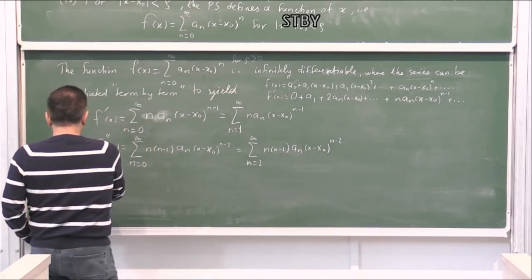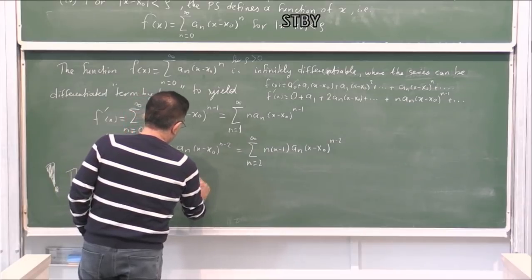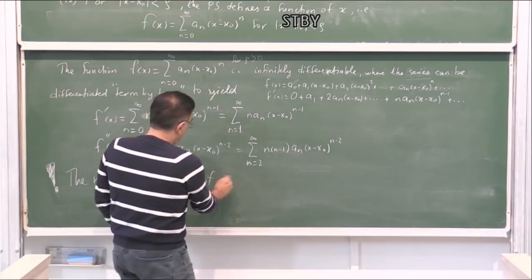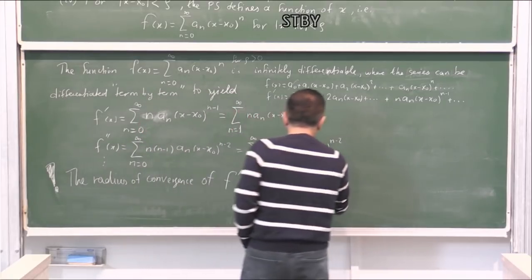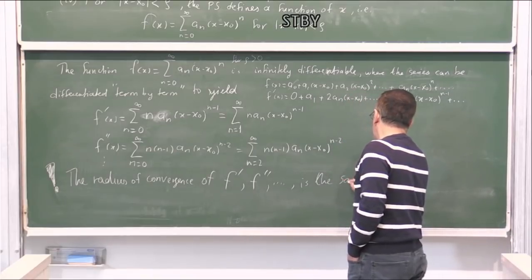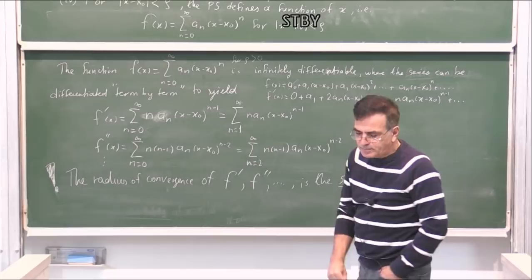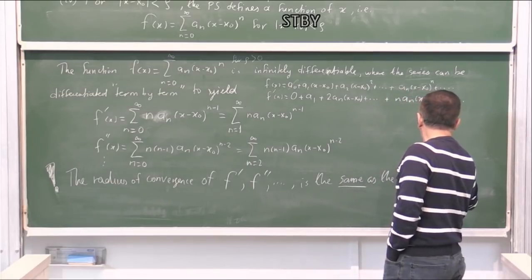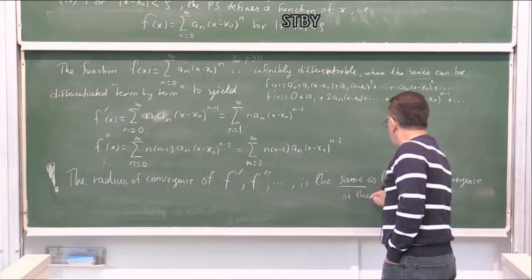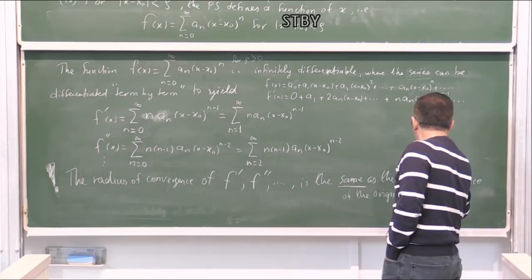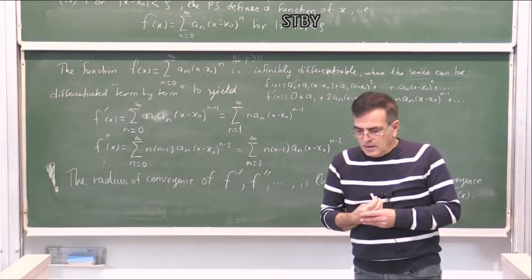So the radius of convergence of f prime, f double prime, and other derivatives is the same as the radius of convergence of the original series for f of x.